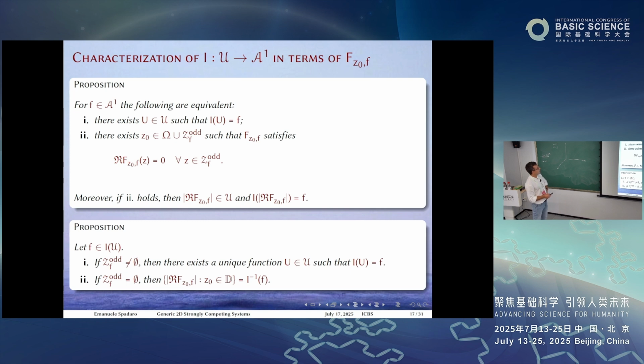And here is a characterization. A function in the Bergman space of exponent 1 is the Hopf differential of a solution u in this space of harmonic maps into the sphere if and only if this set of equations is satisfied. They are sort of integral equations.